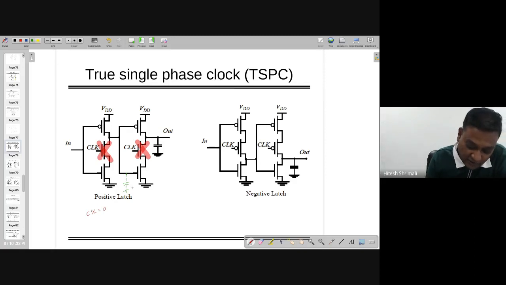All these parasitic capacitances are going to be here. So if in equal to 0, this node is connected to VDD. When in equal to 1, this node is going to be connected to, by the way, this one is already 1, you can see.